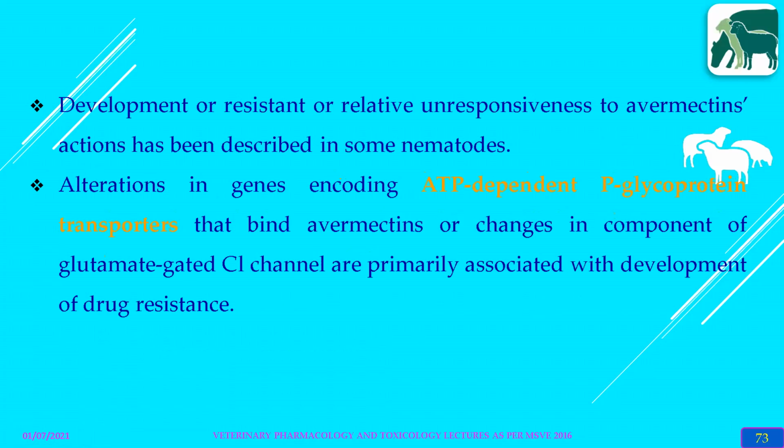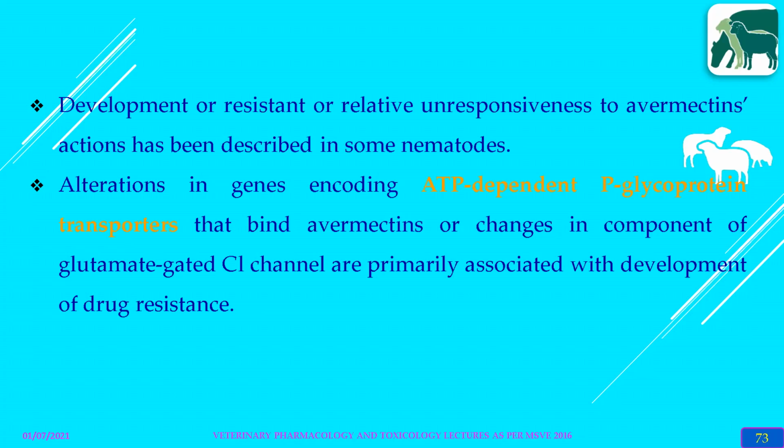Then development of resistance is, of course, less common in some of the nematodes. Alterations in the genes that code for ATP-dependent P-glycoprotein that binds ivermectins, or changes in components of the glutamate-gated chloride channels, are primarily associated with the development of drug resistance.